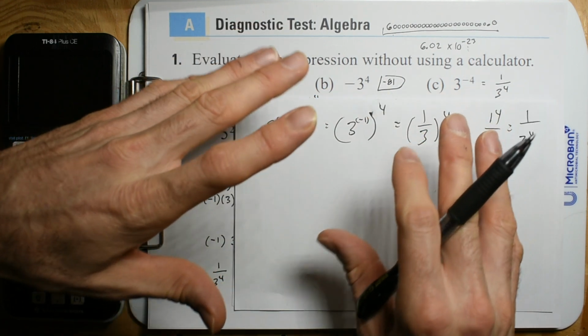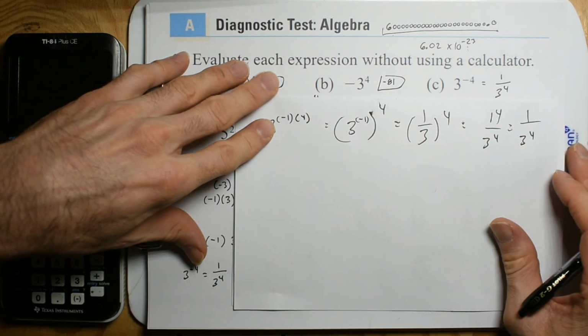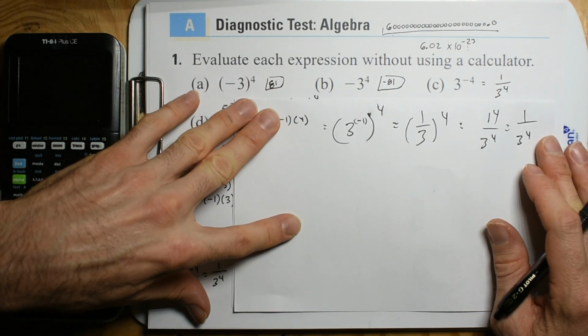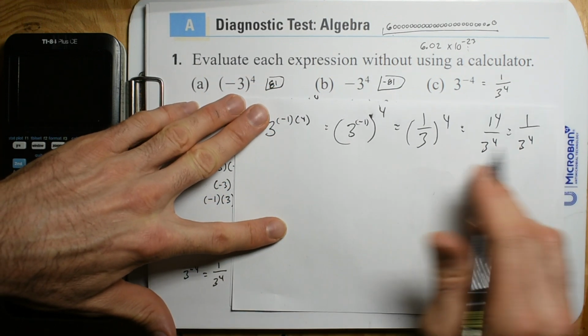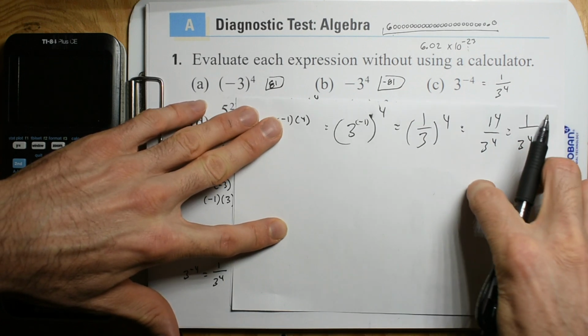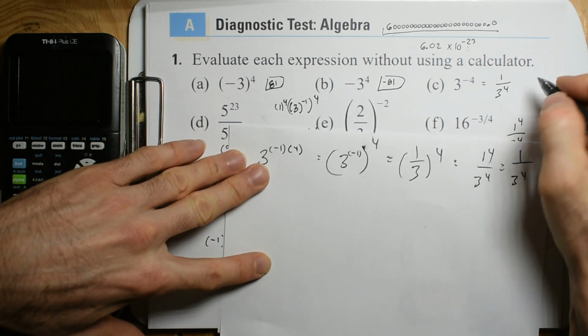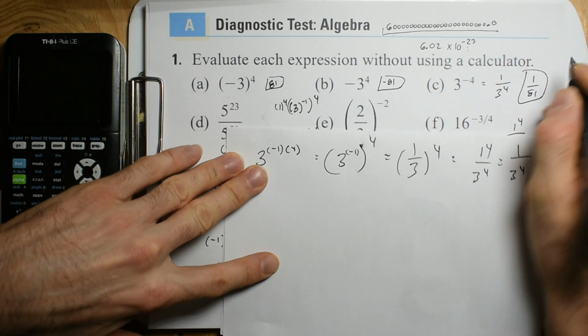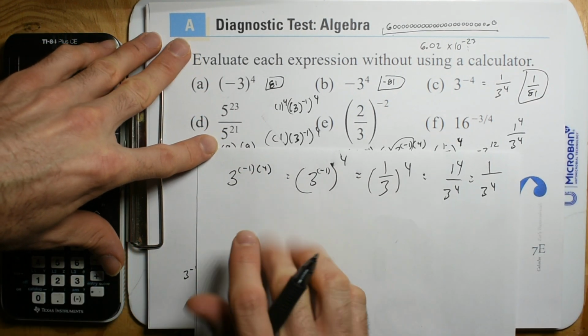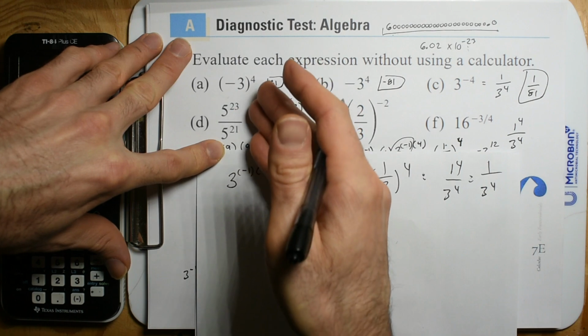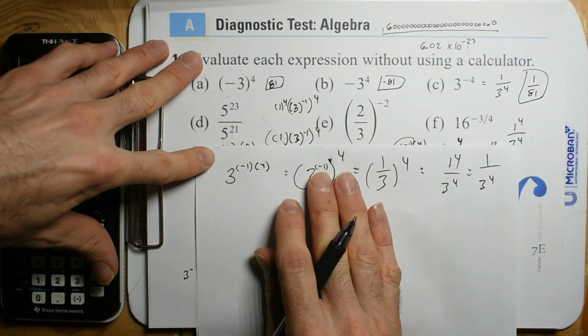I think having about 3, 4, 6 different ways to get places will help you when you forget it all. All right. And then 3 to the 4th, that's going to be 9 times 9. 1 divided by 81, that's what we have here. All right, so sweet. I just know to subtract, but even just saying that, I can come up with another way.